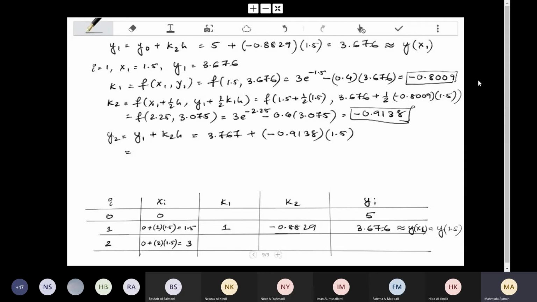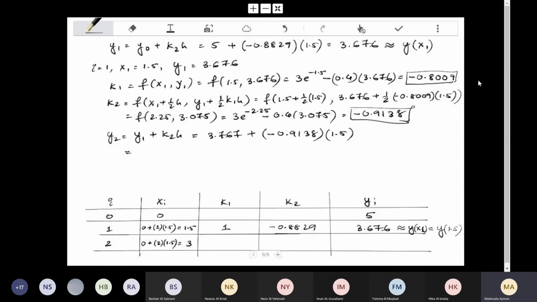Okay, maybe that's correct. I didn't still get a value of y2. Okay, 2.30453. Okay, I get a bit different answer here. Not sure why is the difference.